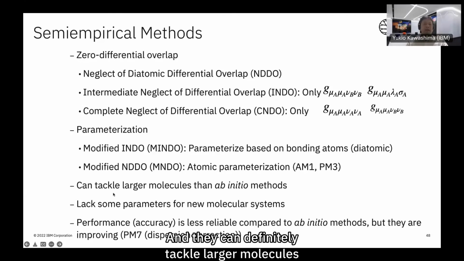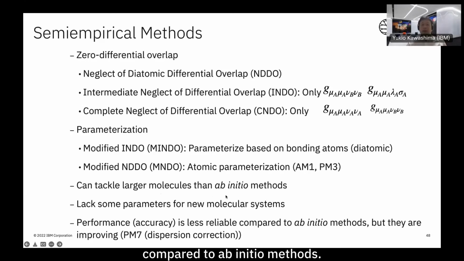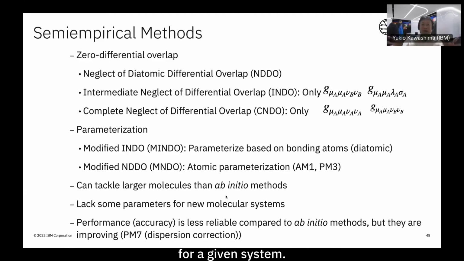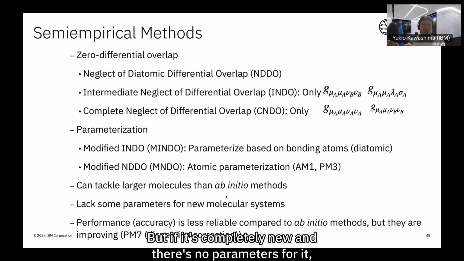And they can definitely tackle larger molecules compared to ab initio methods. However, there are some drawbacks. There is a lack of parameters for new molecular systems. Someone needs to make a suitable parameter for a given system. But if it's completely new and there are no parameters for it, you can't compute it.